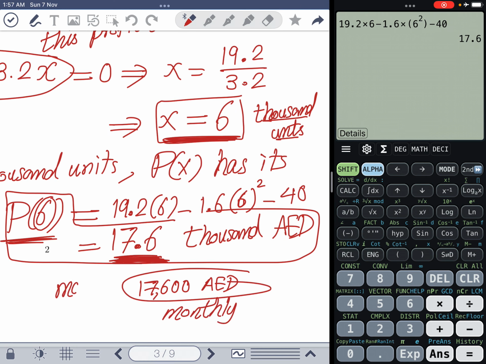That's the maximum profit, and it happens when the production is 6,000 units. So that is the right amount to produce in order to maximize the profit.